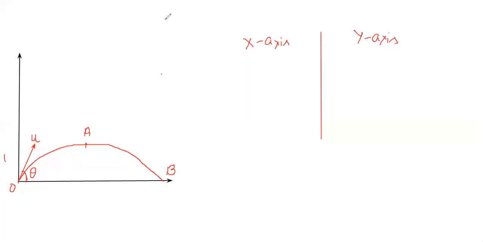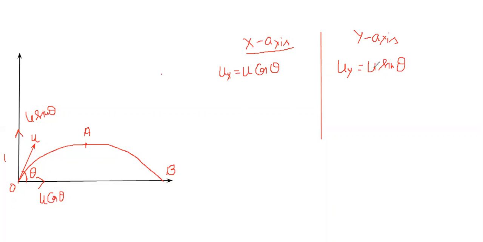For this we have to break the velocity into two components, the x component and the y component. The adjacent side is cos, so this is u cos theta, and this side is u sin theta. So for the x-axis, ux equals u cos theta and uy equals u sin theta.